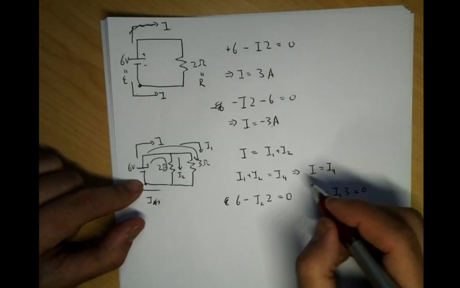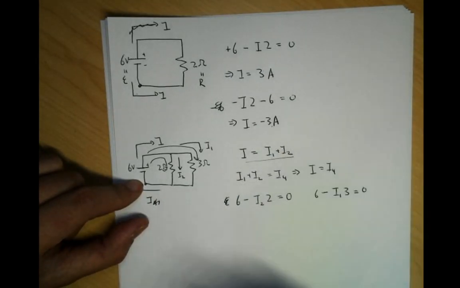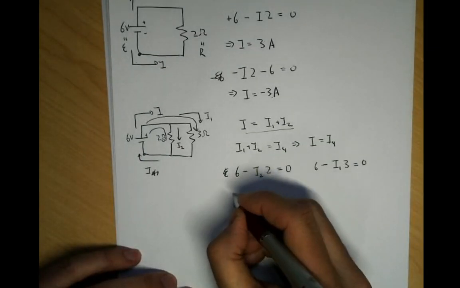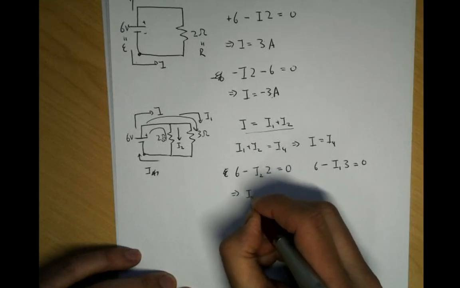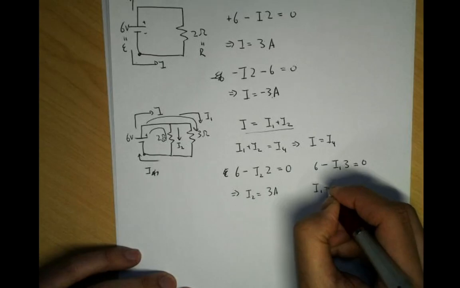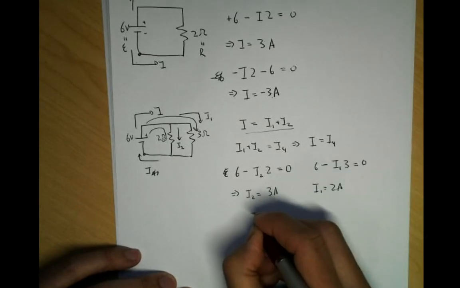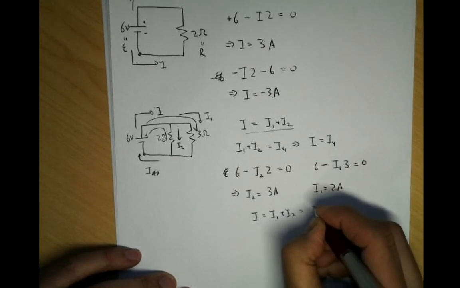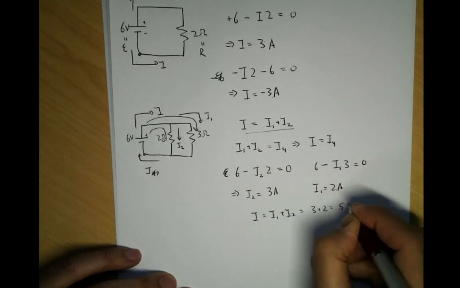And then I have this rule as well. So what that means is that I2 is equal to 3 amps, I1 is equal to 2 amps, and I, which is I1 plus I2, is equal to 3 plus 2 equals 5 amps.